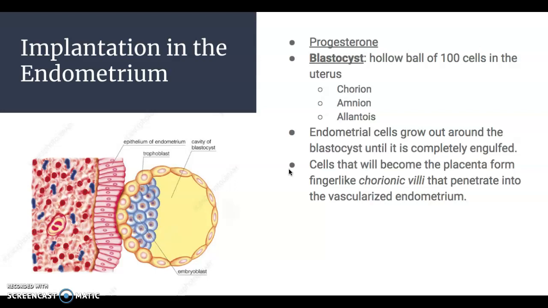Endometrial cells grow out around the blastocyst until it is completely engulfed. Cells that will become the placenta form finger-like chorionic villi that penetrate into the vascularized endometrium. Once again, I think this picture did a really good job showing this process.